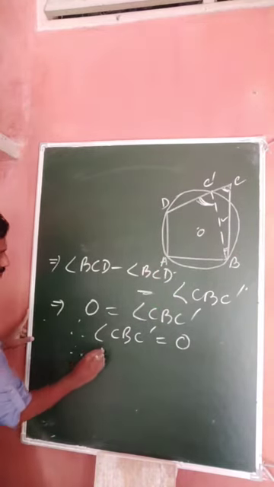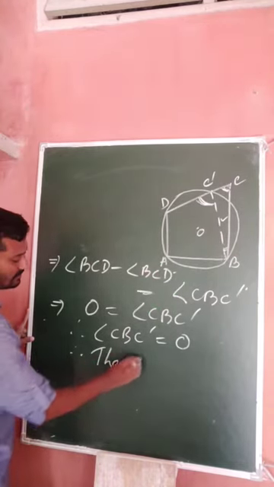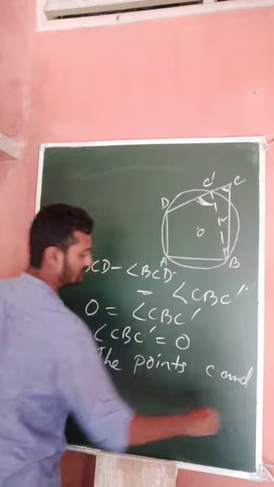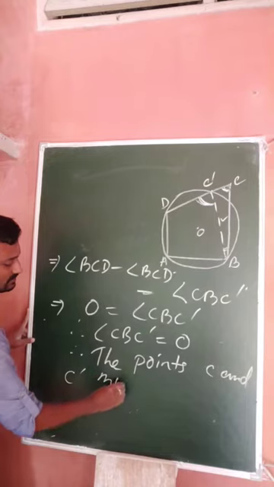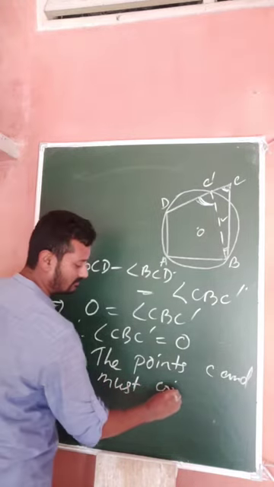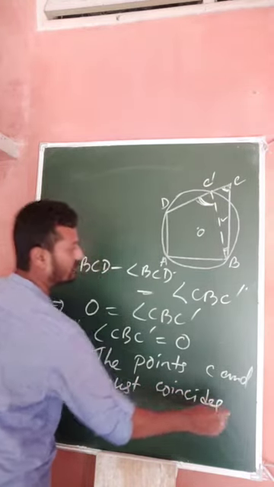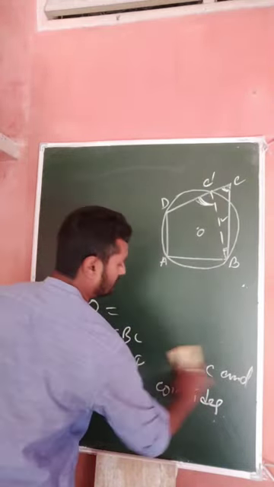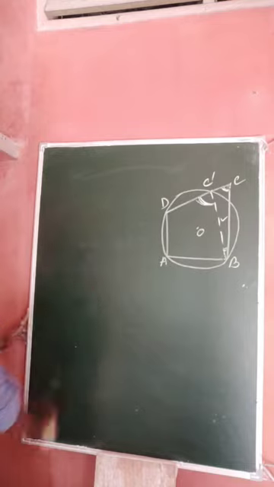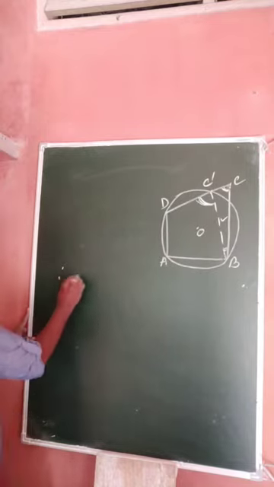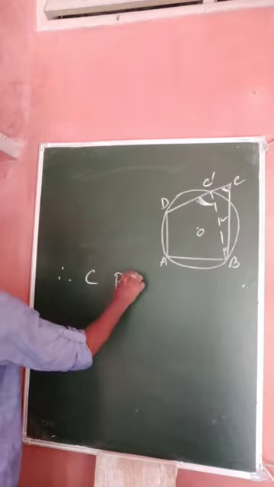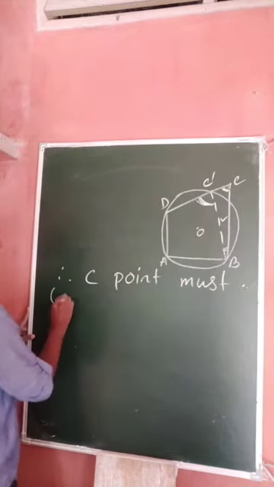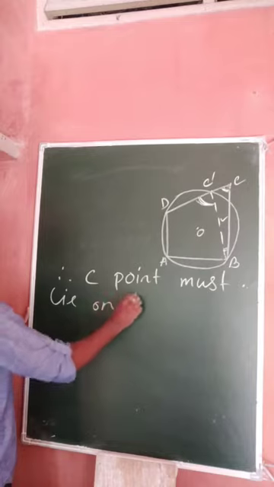Therefore the points C and C dash must coincide. If C and C dash coincide, then point C must lie on the circle.